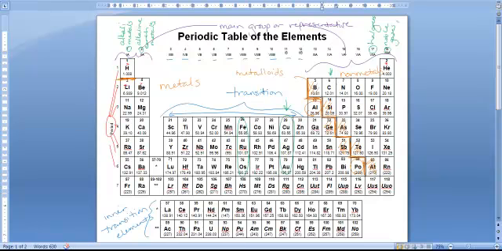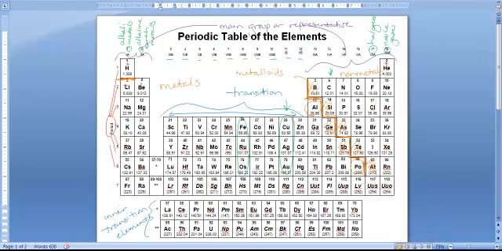The last possible groupings, we do have little columns with our intertransition metals, but these are little columns of 2, okay? Not really very useful to talk about a column of 2. And so with our intertransition metals, that is the one thing where we actually don't talk about columns.